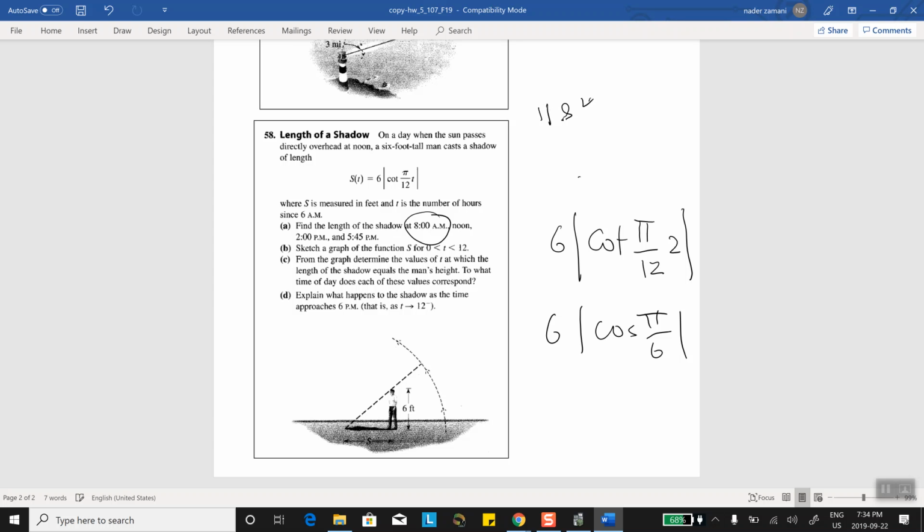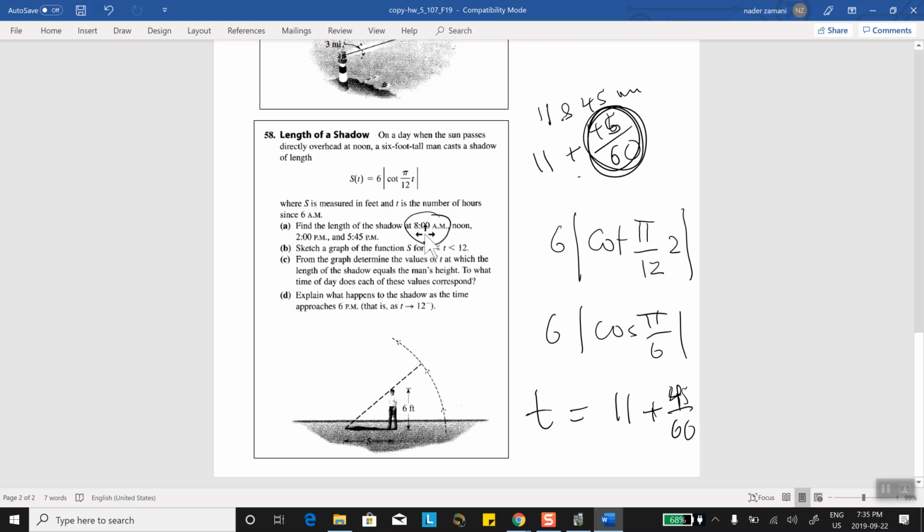And 45 minutes is 45 over 60. So in your calculator, for t, put 11 plus 45 over 60. Don't use 11.45 because it's wrong.